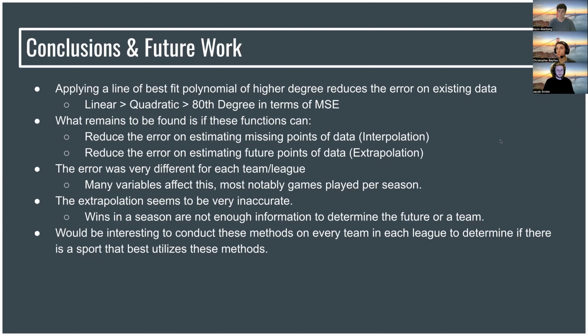But this is a little bit more difficult and not as useful in the sports world, considering that things change rapidly every year. And perhaps for the future of our work, it would be interesting to see if we could do this for every single team in each one of the 4 leagues and see if there actually is a team or league that is best suited to these methods that has the lowest error, and that might be interesting to explore.